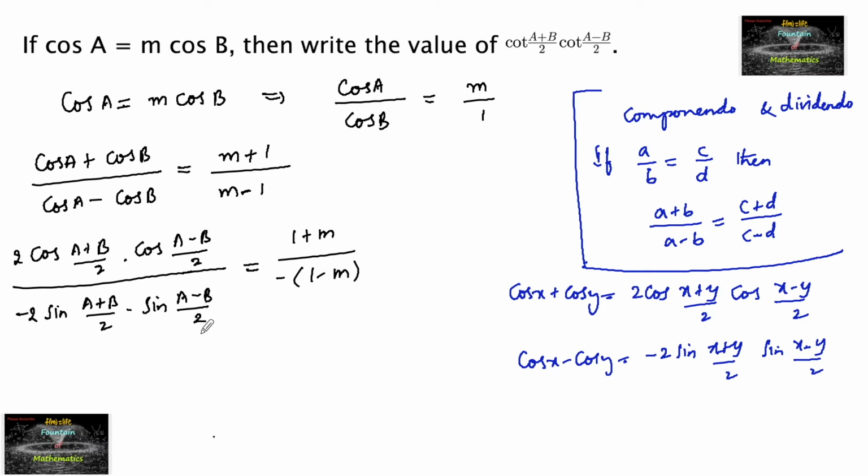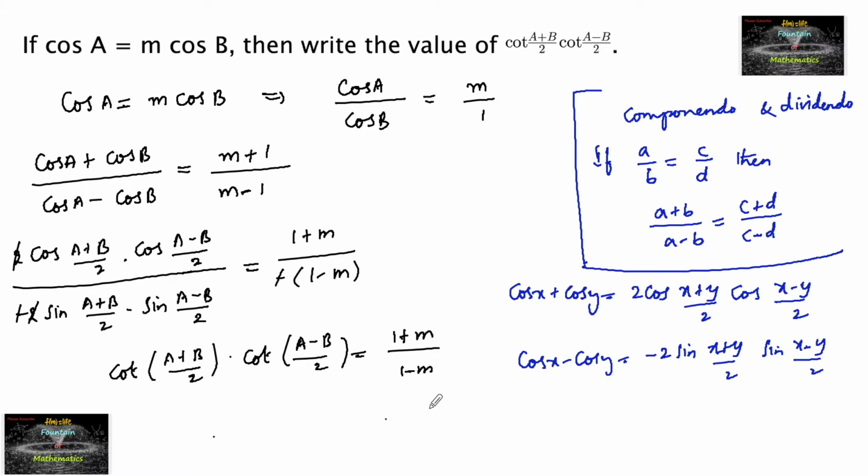And now let us cancel the 2 and 2, and we can cancel the minus on both sides, and cos upon sin, that is cot of (a plus b) by 2, and cos upon sin again, cot of (a minus b) by 2, which equals 1 plus m upon 1 minus m.